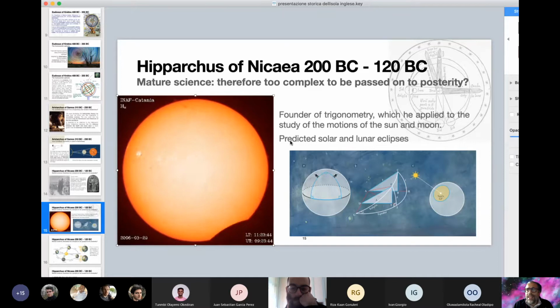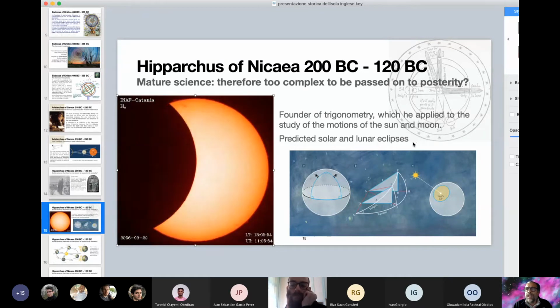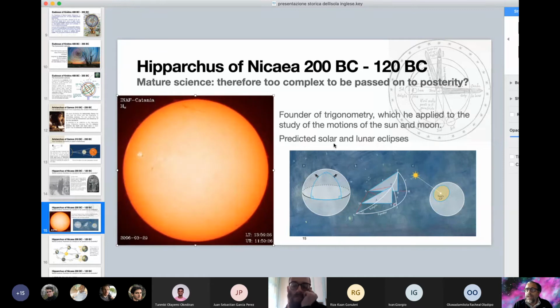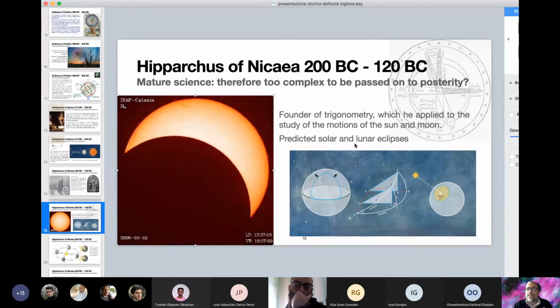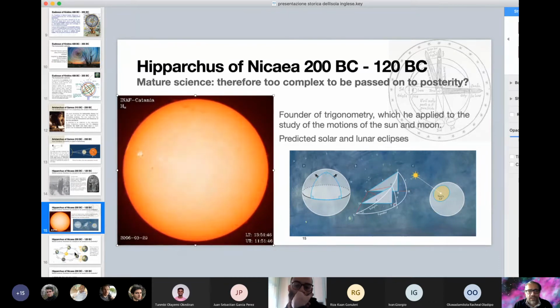So at the end, he made mathematical models for predicting solar and lunar eclipses, and is one of the founders of trigonometry, which is systematically applied to the study of motions of the sun and the moon.